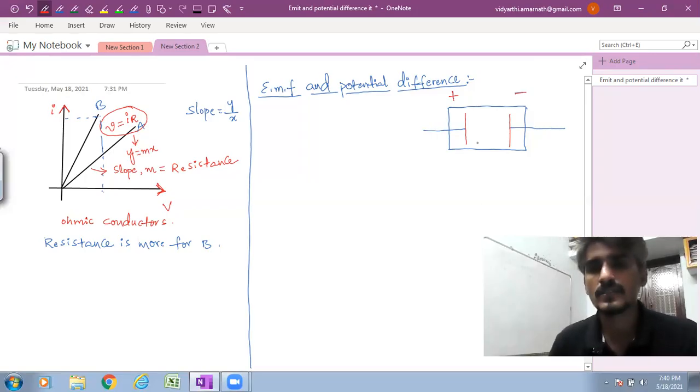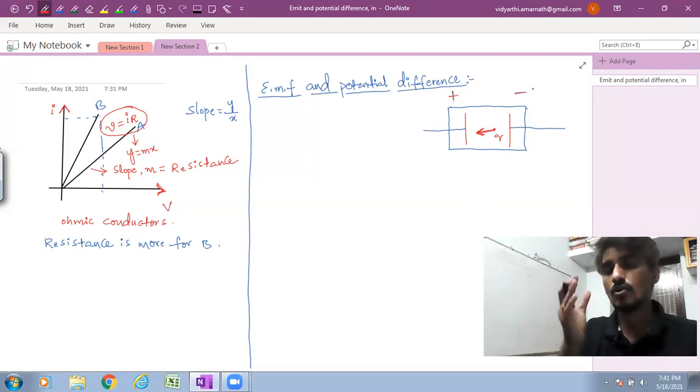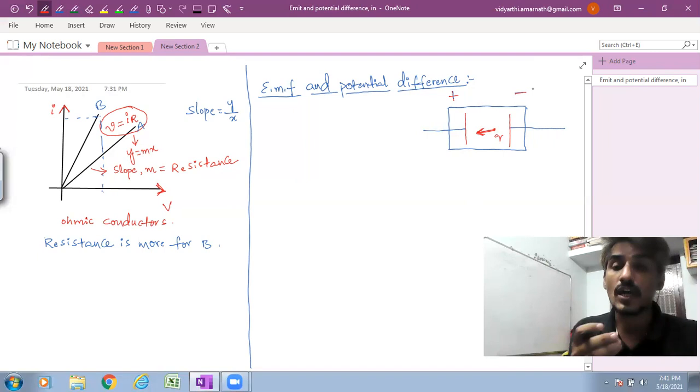Suppose there is a positive charge Q, and some force is applied on it and it is taken to the positive plate. So on the positive plate there is an accumulation of positive charges because of the force applied by the chemical.